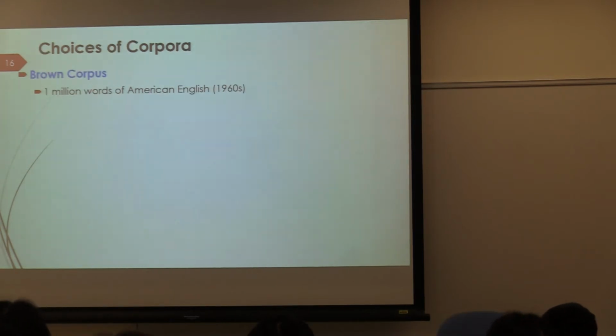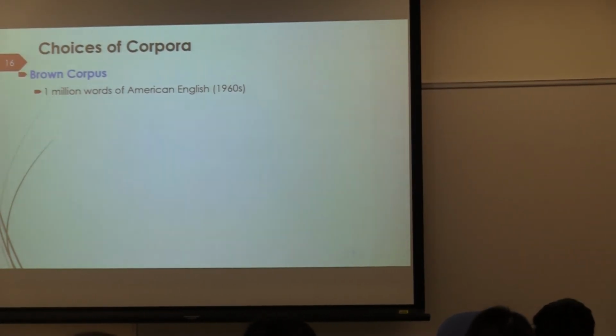Well, as we have seen, there are different kinds of corpora. In the earlier years, there was the Brown Corpus, one of the earliest corpora that we had, in the 1960s, 1 million words of American English.